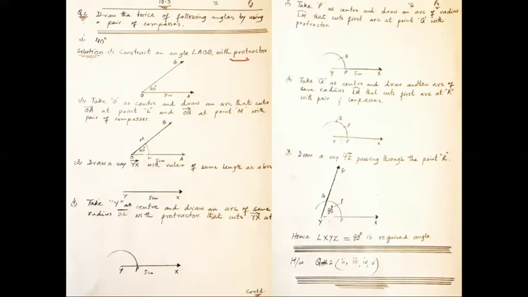Now O is taken as a center and we draw an arc that cuts OA at the point L, and the same arc cuts the ray OB at the point N. Dear students, after this step, we have the question twice of the given angle.